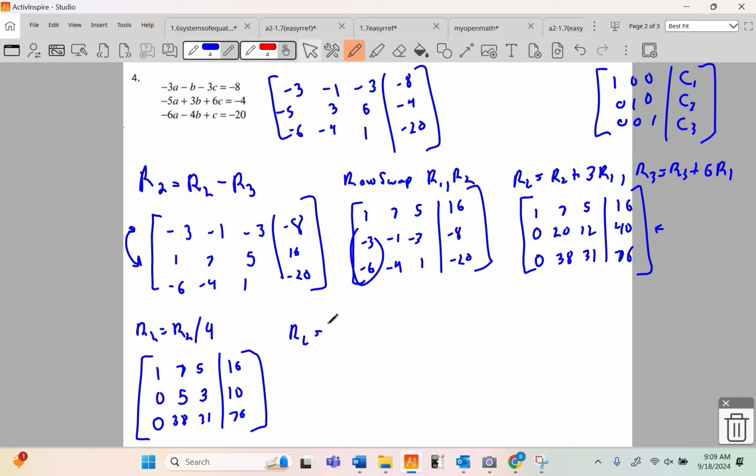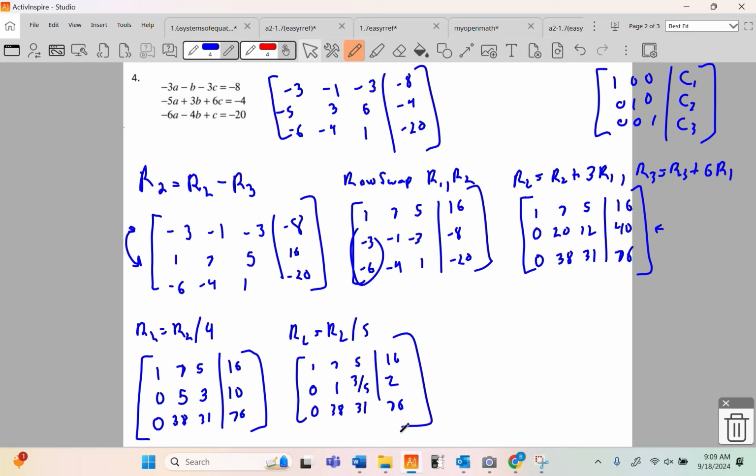Row 2 is row 2 divided by 5. I was really hoping to avoid that. But it is what it is.